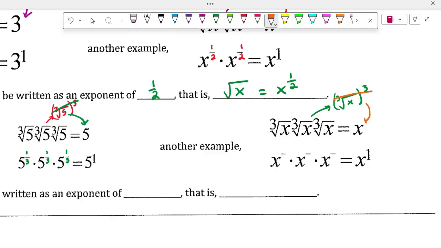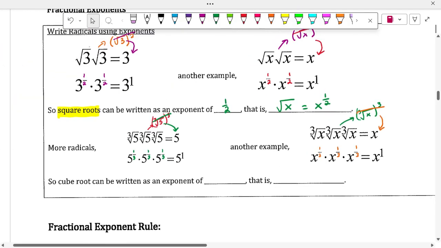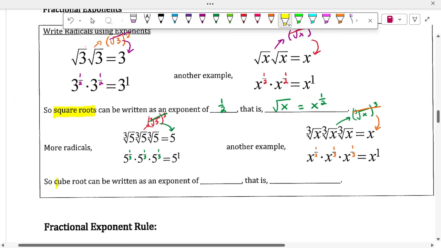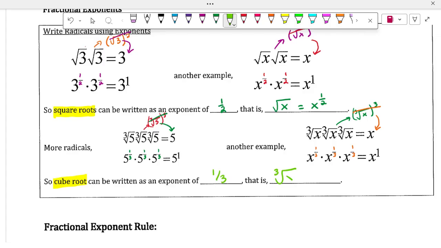That cancels, and we get x. So again, we're doing x to the 1/3. If we use product rule, it still adds to 1. So a cube root can be written as an exponent of 1/3, such that the cube root of x is equal to x to the 1/3.